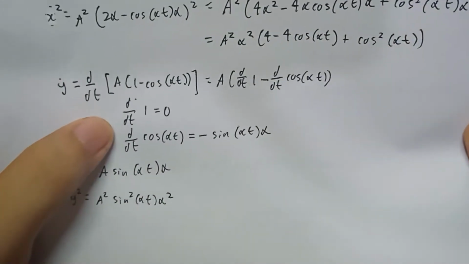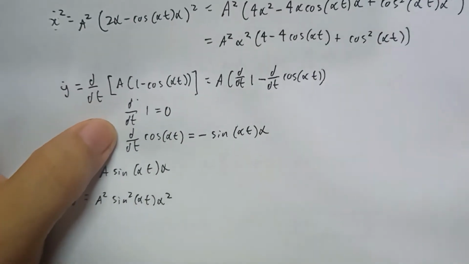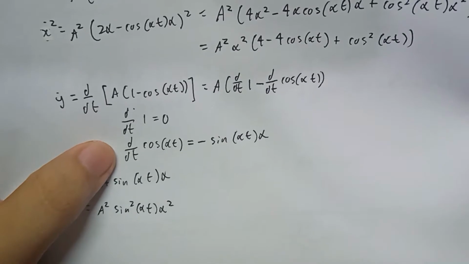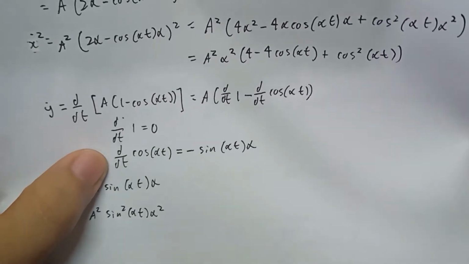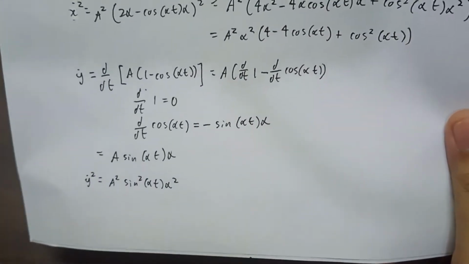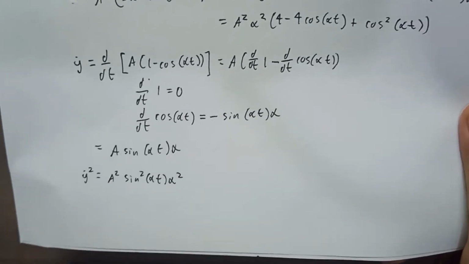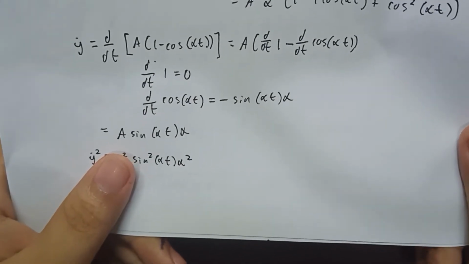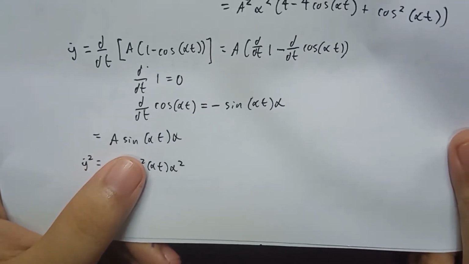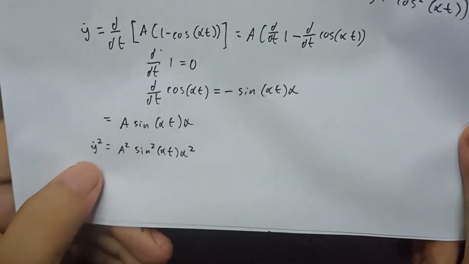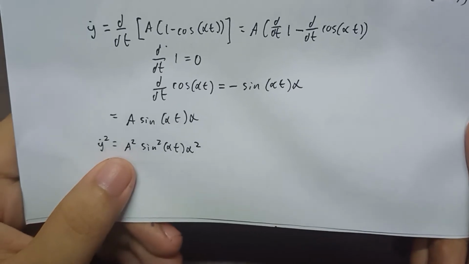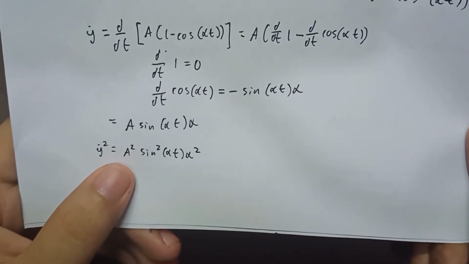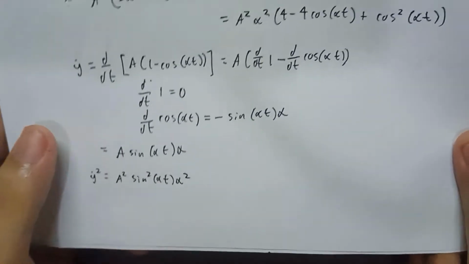The derivative of 1 is equal to 0, and the derivative of cosine alpha t is equal to negative sine alpha t times alpha, which gives us the first derivative of y to be a times sine alpha t times alpha, and we square that, and we get a squared sine squared of alpha t times alpha squared.